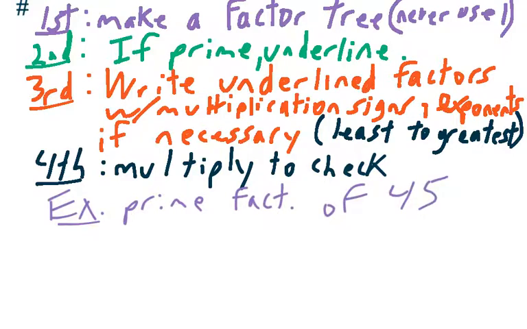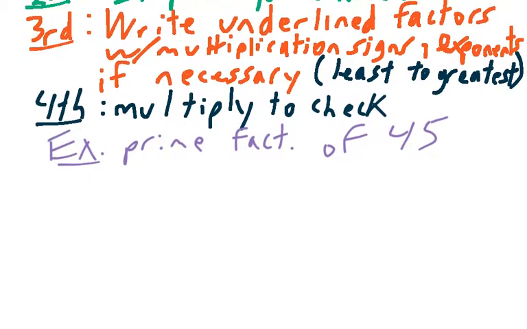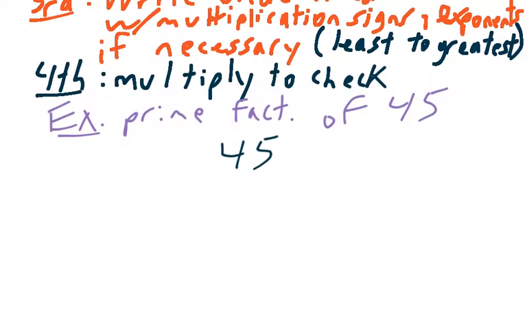We're going to write down 45. And then my first step told me to make a factor tree, so any two factors I want. I'm going to choose 5 and 9 because it ends in a 5. 5 is prime because its only factors are 1 and 5. And then 9 has some numbers that will go into it, 3 and 3. 3 times 3 gives me 9. Those are both prime. Their only factors are 1 and itself.